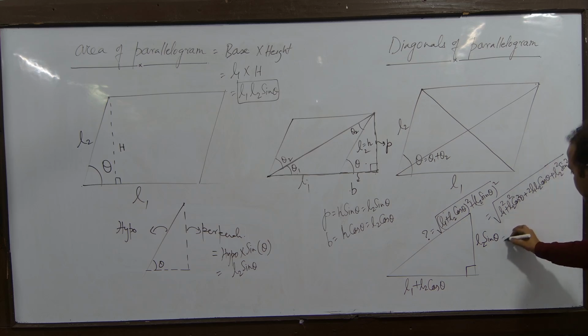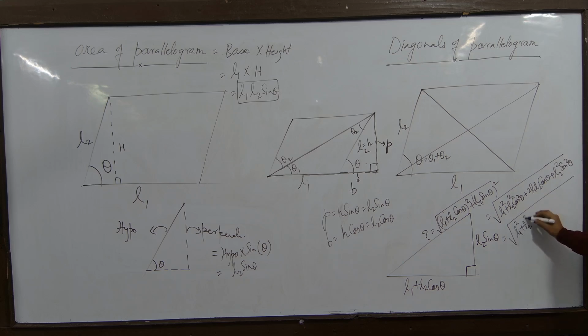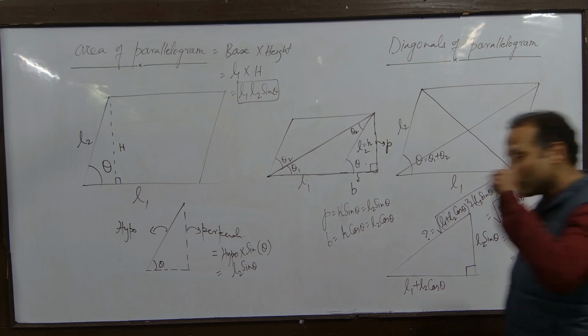Clubbing L2 square (cos square theta plus sine square theta), and cos square theta plus sine square theta is 1.